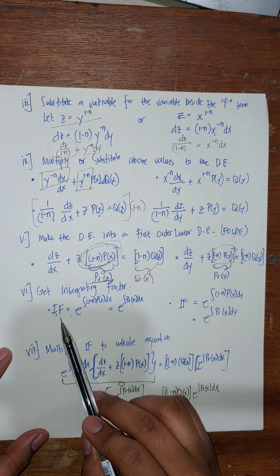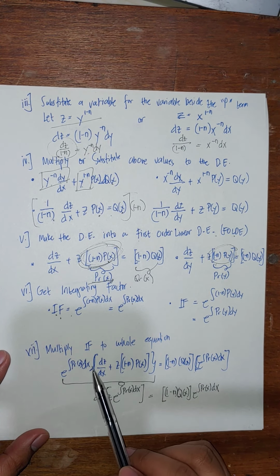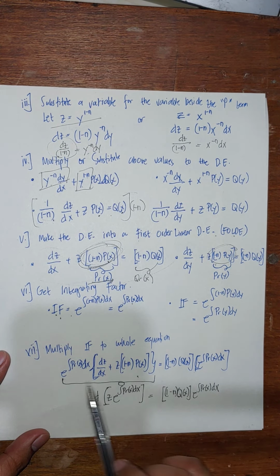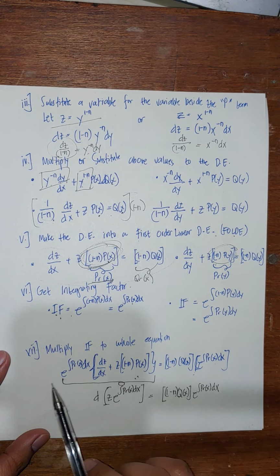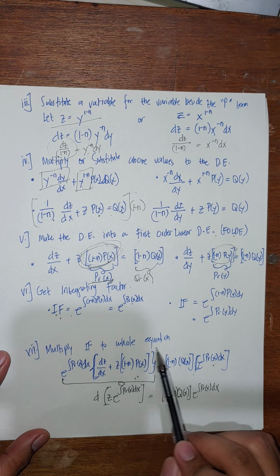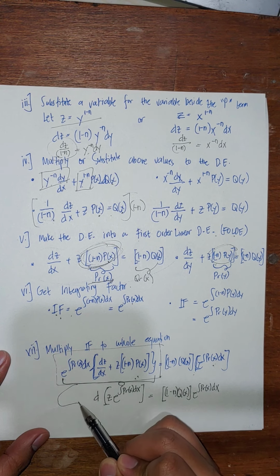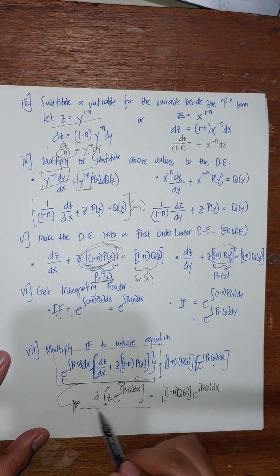So after nimo makuha sa integrating factor, i-multiply nimo sa integrating factor diri sa tibuok nga equation. So it looks like this, no? Gubot siya, but gimultiply rin siya sa whole equation. So kaning left hand side sa differential equation, iyang other nga itsura is this one. Pag multiply na gani si integrating factor, it will look like this.